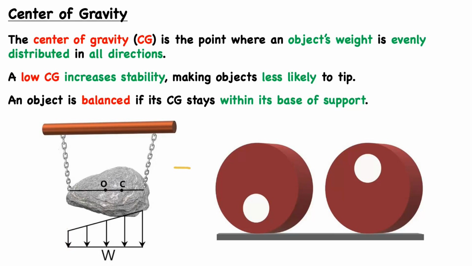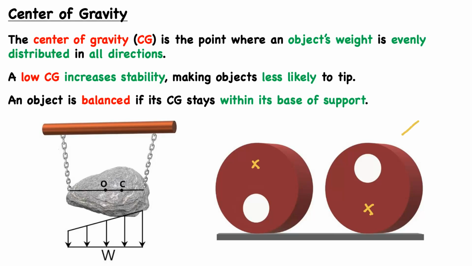Now with this right illustration, we can look at a different scenario. In this case, we have these rolling objects where a portion has been removed. If we were to estimate the center of gravity of each object, for the left object, it would lie somewhere around here. And for the right object, it would lie somewhere around here. So therefore, which is the more stable configuration?